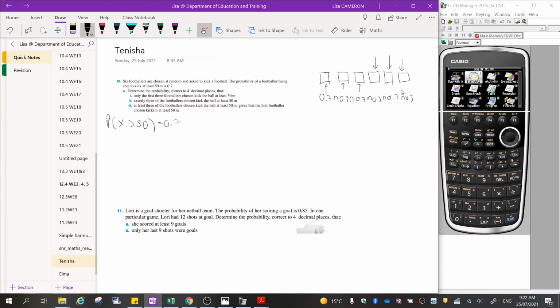That creates the binomial situation where we have any combination of the 3. So all we have to do for part I is 0.7 to the power of 3 times 0.3 to the power of 3, and that is the probability that the first 3 kick it at least 50 metres.